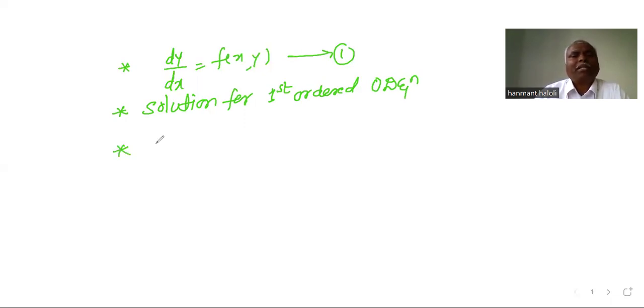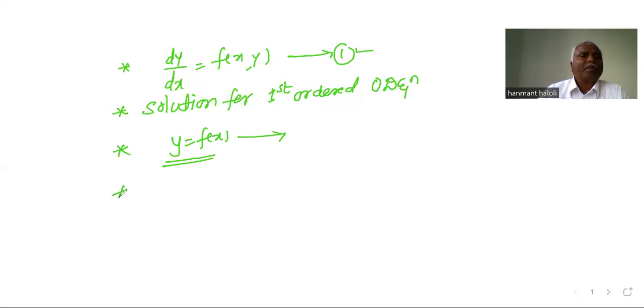A solution is a relation between y and x which satisfies equation number one, which contains only one arbitrary constant. That is called the solution of an ordinary differential equation of first order.